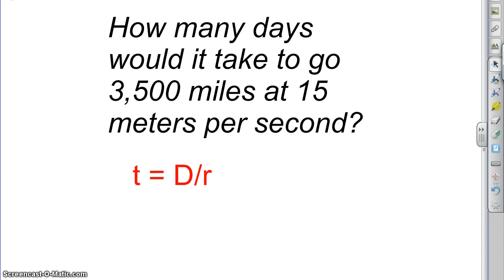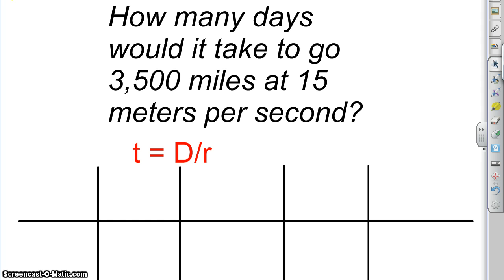So we're going to go ahead and plug that in using our chart. It's a dimensional analysis chart, just like it's always been, but now we're going to do some math with it. We're going to use this as our guideline, t equals d over r. We're going to plug things into that formula, keeping in mind that d's go on top and r's go on the bottom.